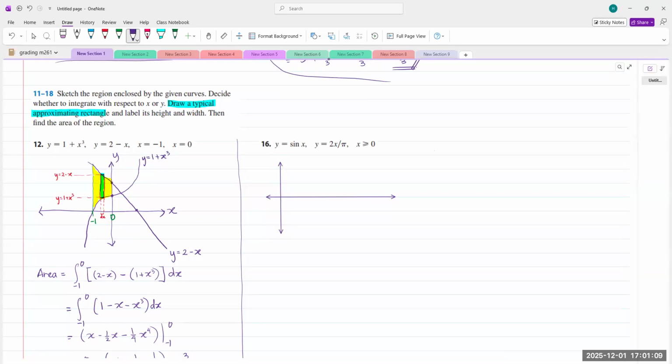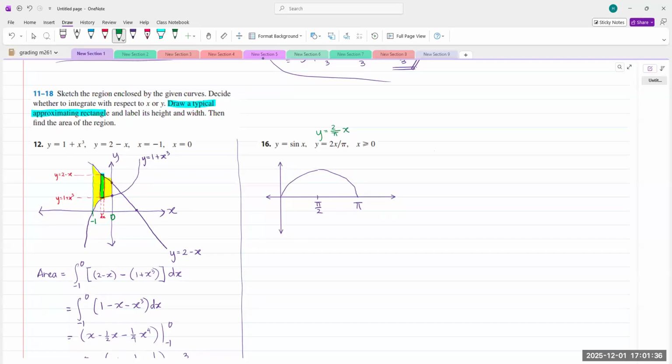The sine x function looks like this. We just need this is pi over 2, this is pi, that's sine x. It's actually supposed to look like this, and more, but I only graph this far because the other one is y equals 2 over pi x.